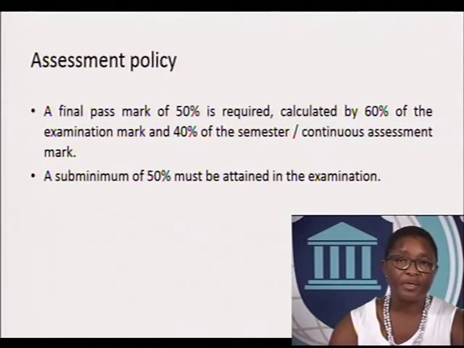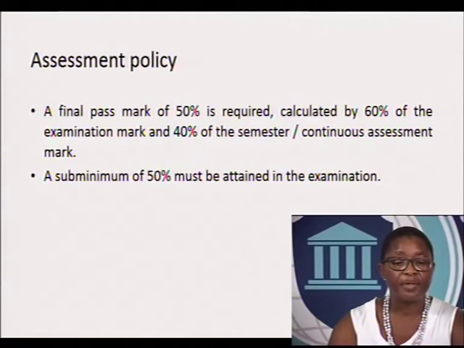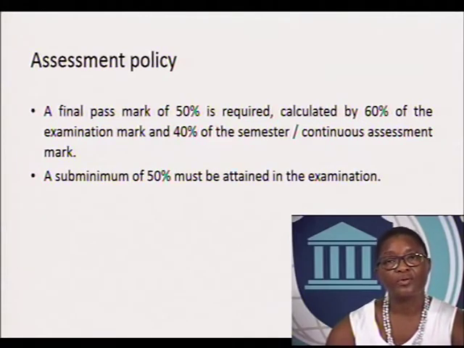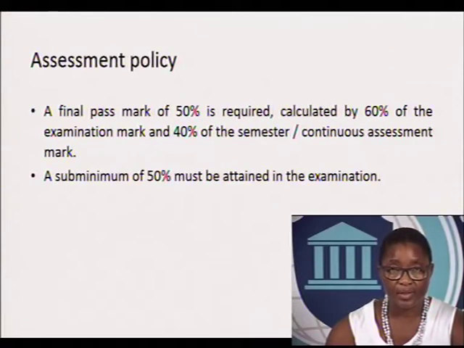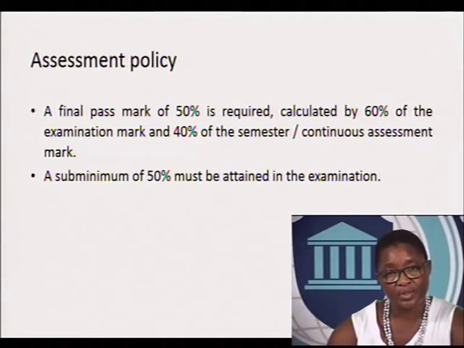Our papers, be it an assignment or an examination, are set out of 120. A sub-minimum of 50% must be attained in the examination. Meaning that once you have your 40%, and then you also get your minimum 60% from the examination, these are added together, which gives us 100, and then divided by 2, then we get the sub-minimum 50%. Then of course you pass your subject.